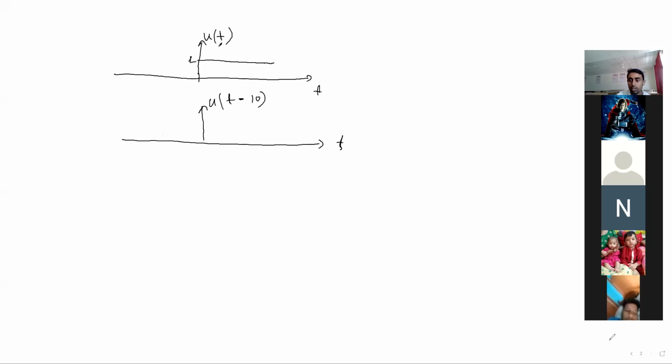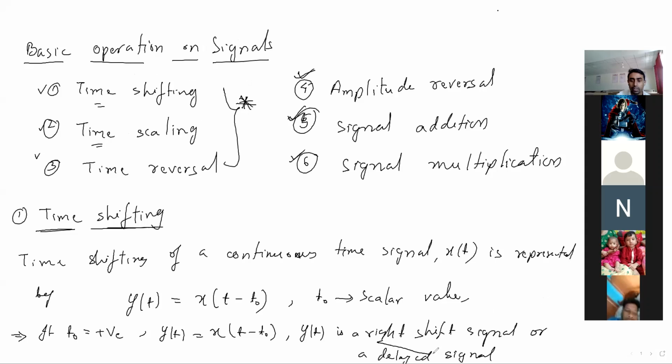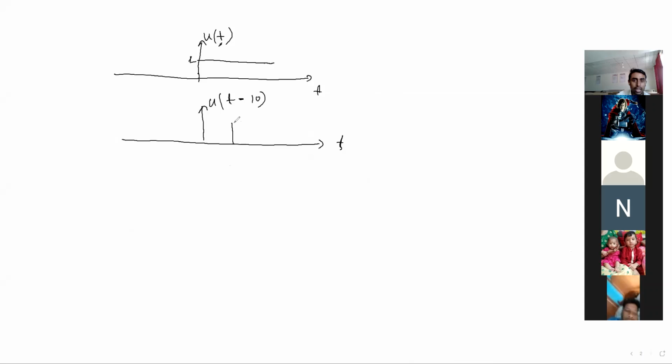The new signal y(t) is a right shift. Right shift means the signal will come to this side, the right side. By how much is it shifted to the right? It is shifted by 10 seconds.